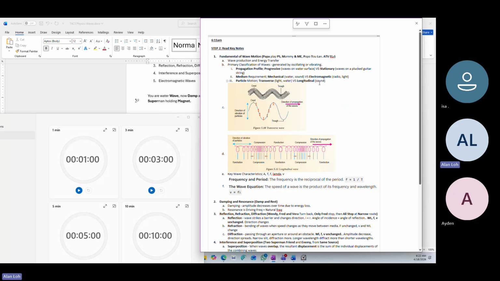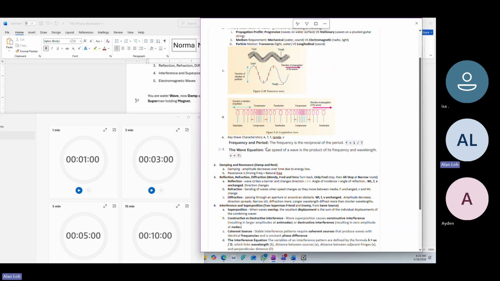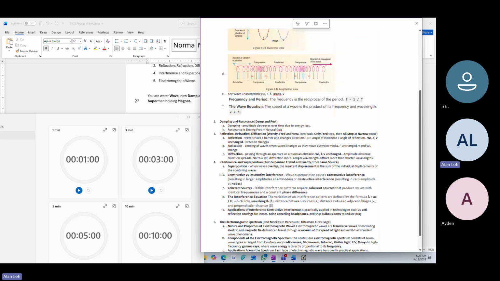You just need to know that there is this propagation profile, medium requirement and particle motions. And inside each, there are two different categories that you need to compare. And that's it. If you don't remember the names right now, it's fine because you are still in step 1.